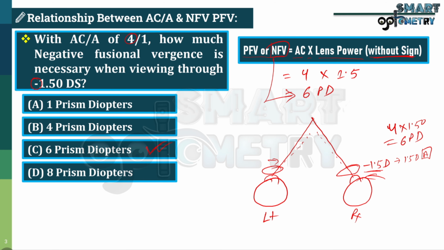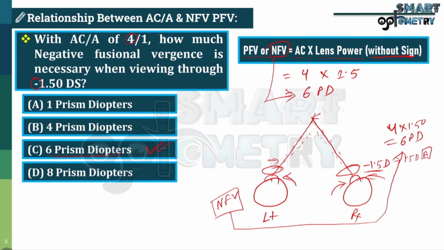Now to see the near point single, our eyes will use negative fusional vergence, and both eyes will diverge again to focus at the near point, and this negative fusional vergence required will be equal to 6 prism diopters. Thus option C is the correct answer, that is 6 prism diopters.